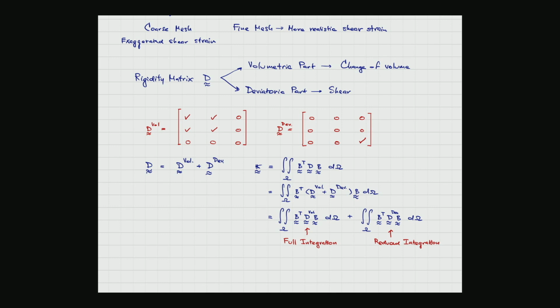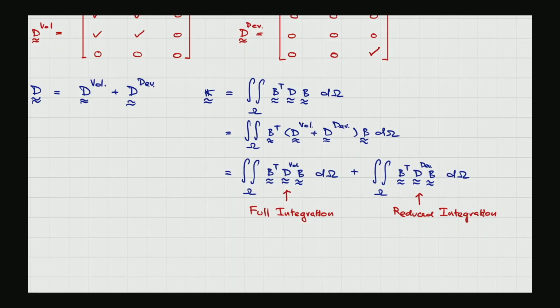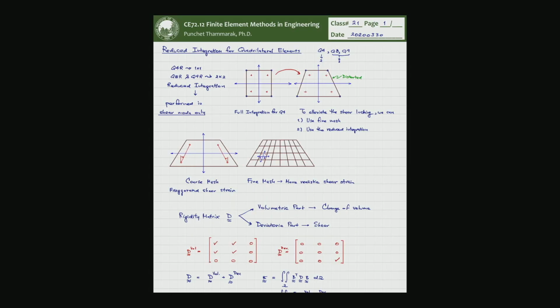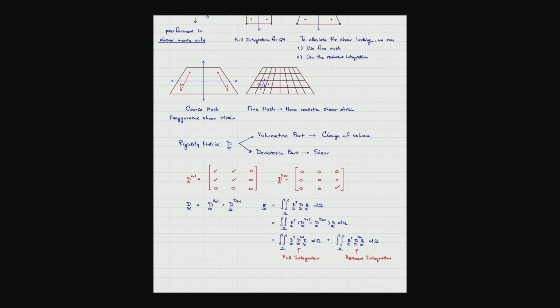So, well, essentially we are going to execute the code and see what might be the concern we have from this sort of reduced integration element for the quadrilateral type element.